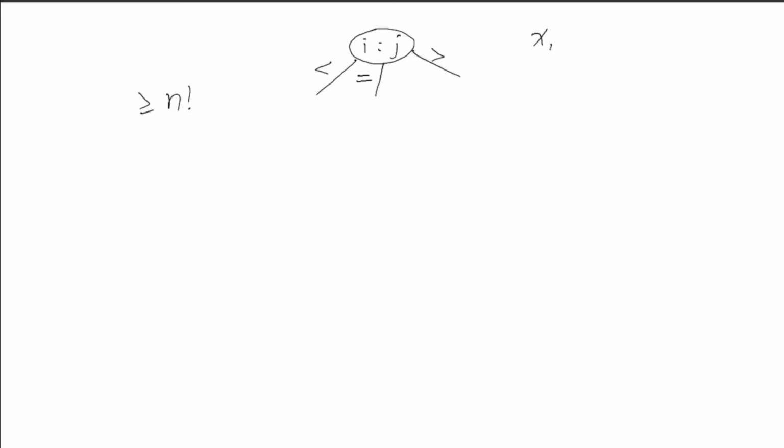Let's say we have an input of size 3, and the values are 1, 3, and 2. So in the first case, let's compare x1 with x2. So 1 is less than 3. We go down this left edge onto the next node.